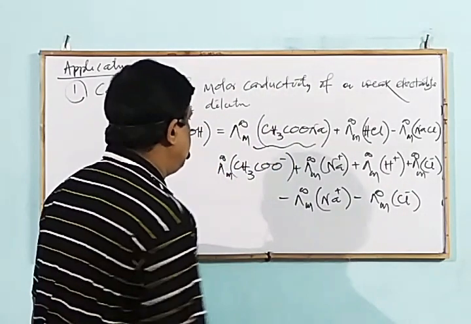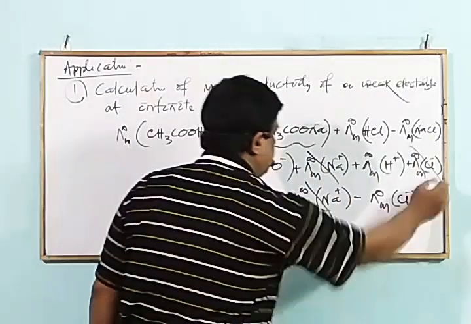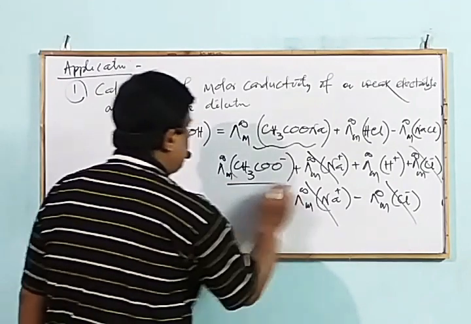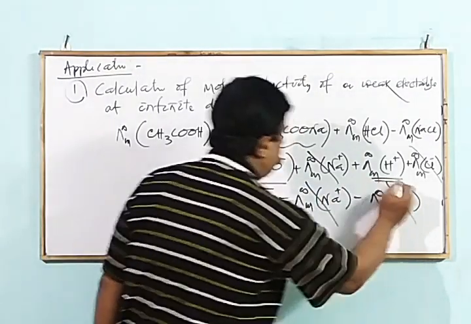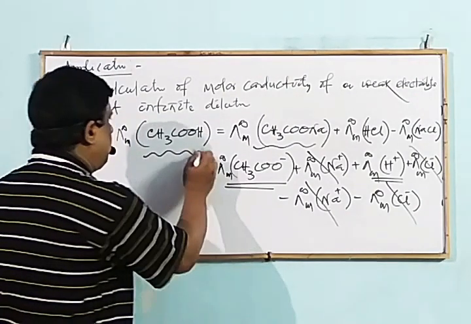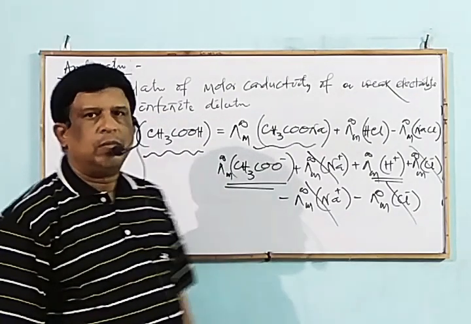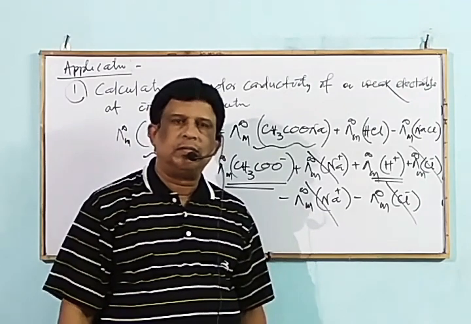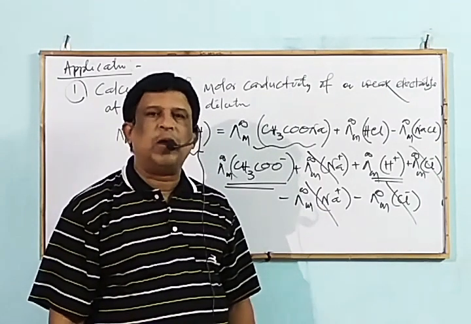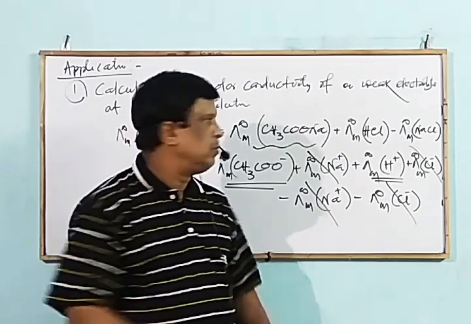Mark that, these cancel, resulting in the molar conductivity of acetate ion and H plus ion, which is nothing but the molar conductivity of acetic acid. So let us apply this concept to solving one type of problem. Mark that.